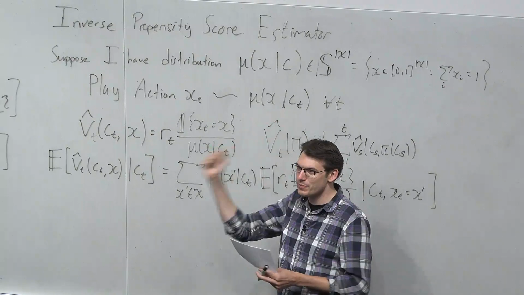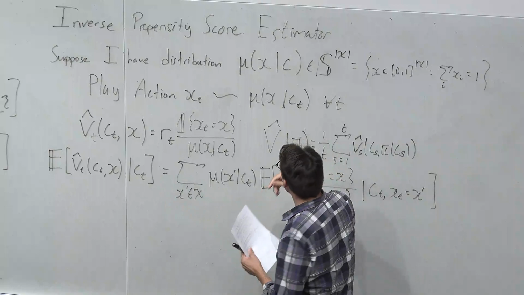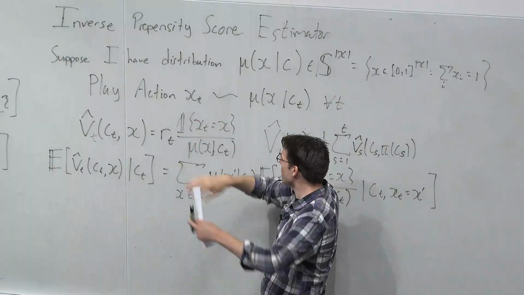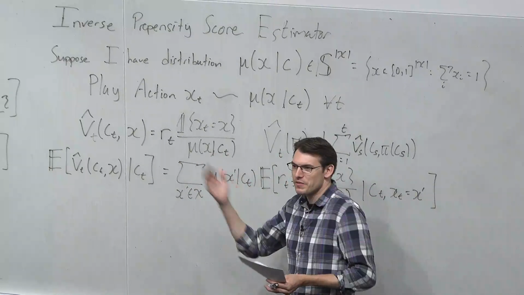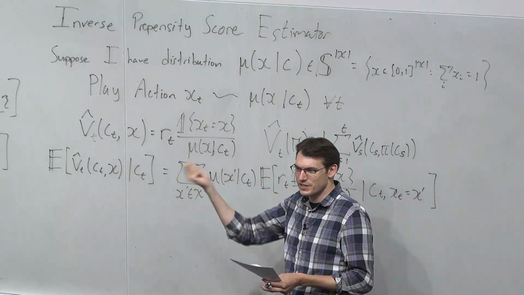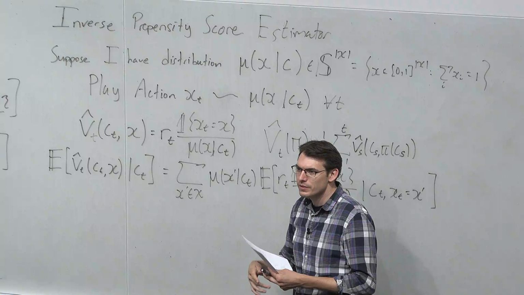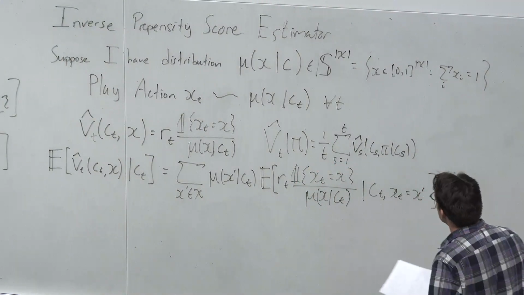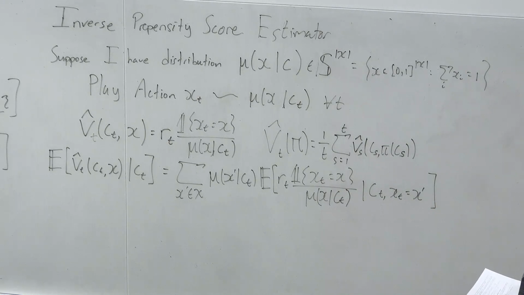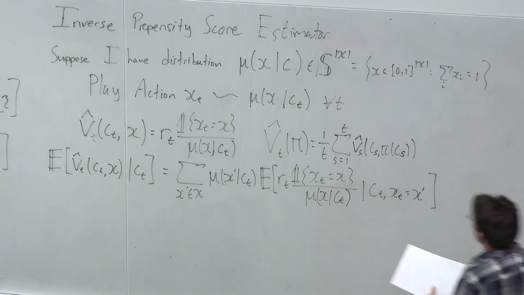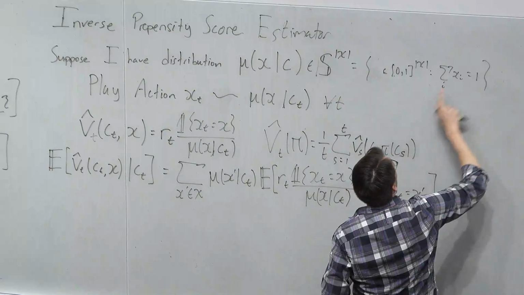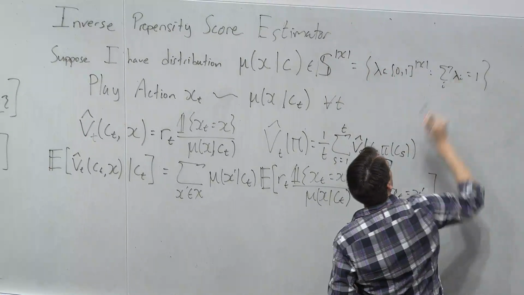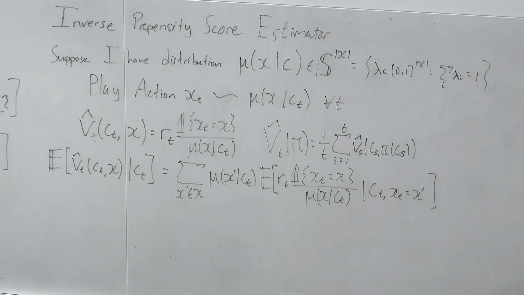It's the one that you actually played. This action, I'm being rather abstract with it. It could be a vector in R^d, or it could just be this particular x that I drew. Yeah. And in the simplex, you mean like a lambda, just to not have another x. Sure. Yeah, it's a dummy variable.